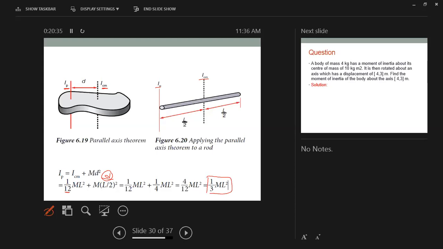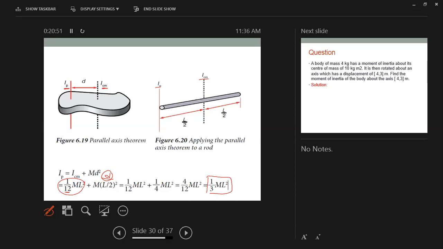Any questions so far? Yes, I didn't understand this part. Okay, first of all, this is the moment of inertia for the rod normally. This part, 1 over 12 m L squared, is our I_CM.